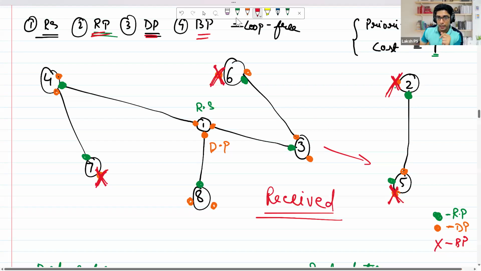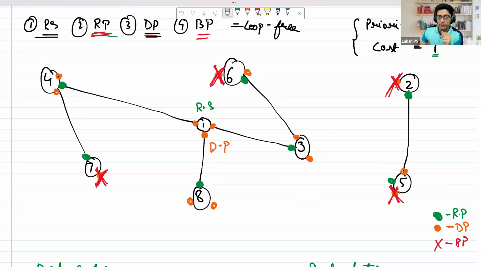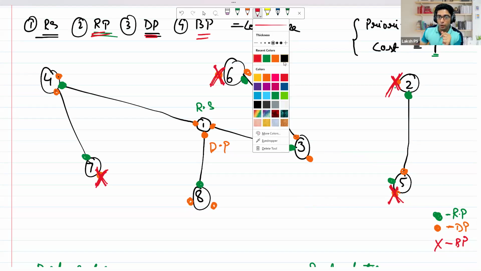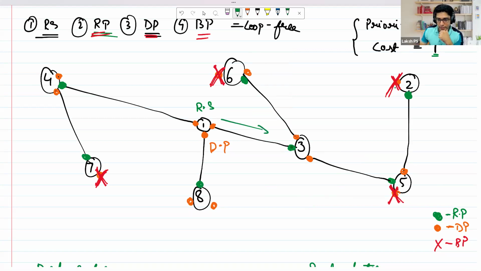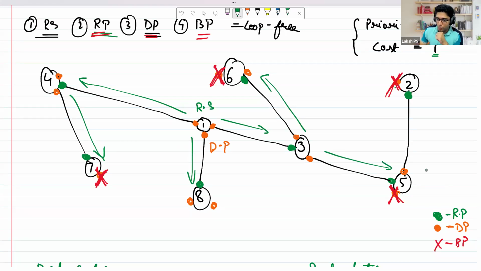So here also in this diagram you can see BPDUs are being received by the switches on their root port. So if he sends a BPDU, it is received by 3 on the root port, received by 4 on the root port, 4 forwards it to switch number 7, which receives it on its root port.